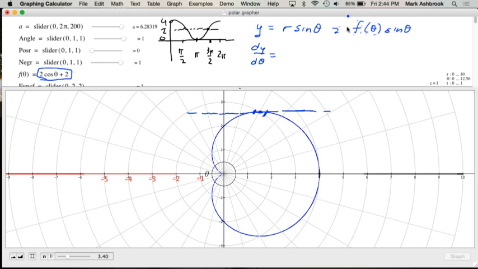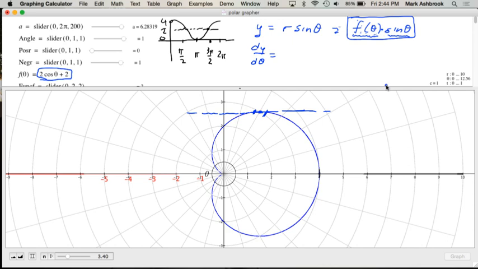So what do I have to do to get dy d theta? I got a function of theta, that's our function, r, times sine theta. F theta times sine theta means product rule. Two functions of theta, right?